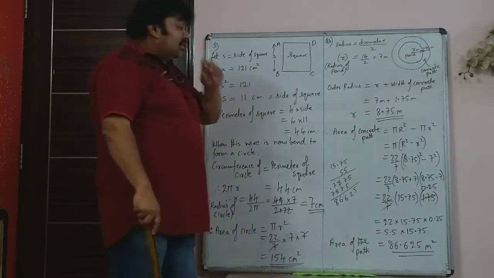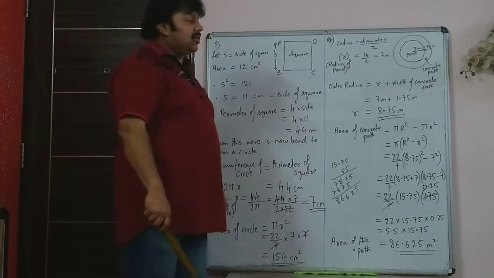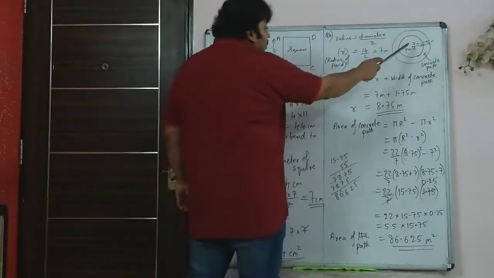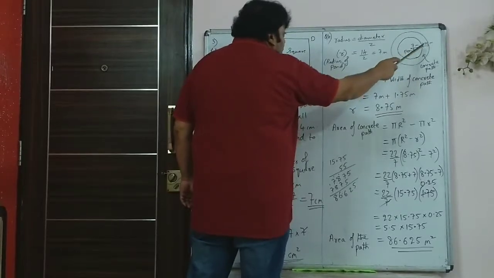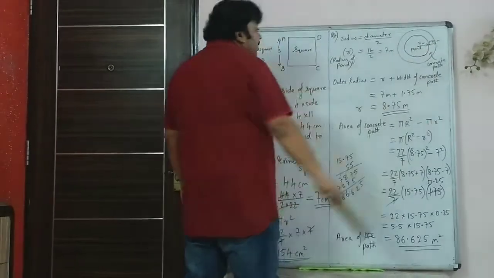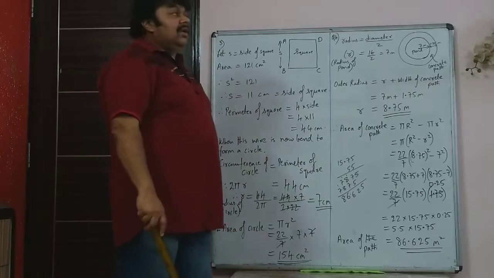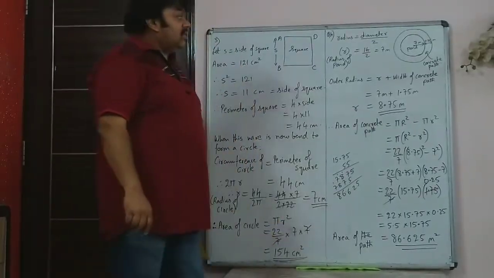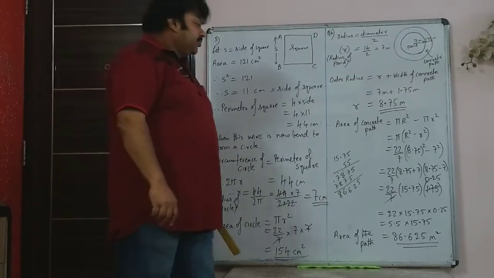Everywhere the constant width is 1.75 meter. Since the width is 1.75 meters, you can see that the outer radius is 7 plus 1.75, that is 8.75 meter, and the inner radius is 7 meter.